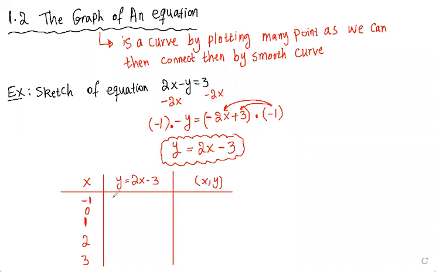What do we have? 2 times minus 1 is minus 2, minus 3 is minus 5. So y equals 2 times minus 1 minus 3, which gives minus 5. So the first point is minus 1 and minus 5.